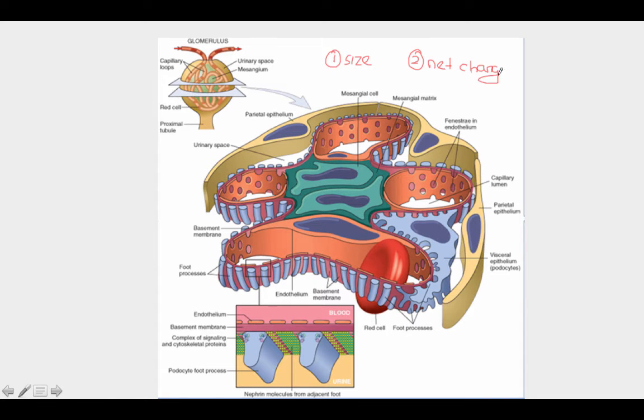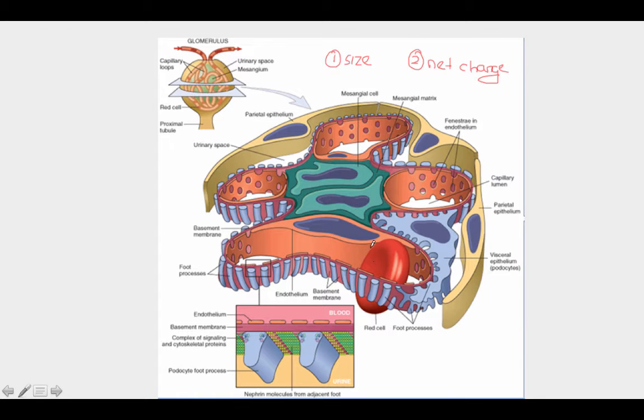How does this all work? It involves us looking more specifically at the structure of the glomerulus. Just to orientate you, this is a cross-sectional view, just like you've cut through a glomerulus, and each of these holes here are loops of capillaries. You can see a red blood cell is drawn inside one for effect, right?